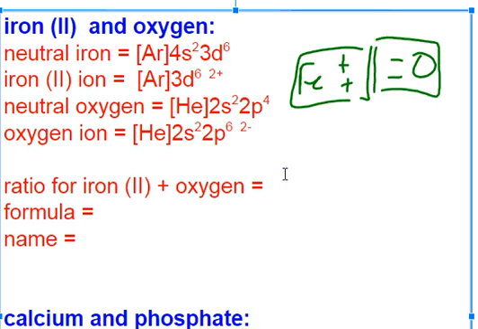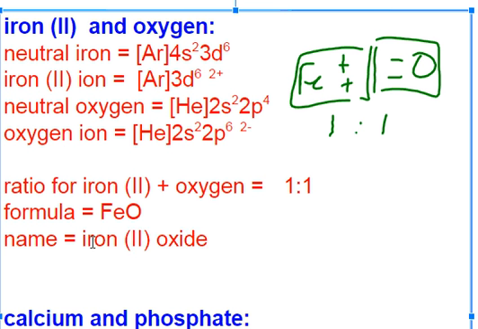I can see that I just need 1 of these for 1 of these. So my ratio is 1:1. And the formula then is just FeO. And the name for this one is iron, and I have to include the 2, and then oxygen is changed to oxide to let me know it's an ion now.